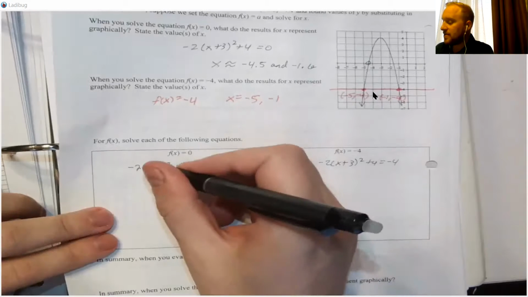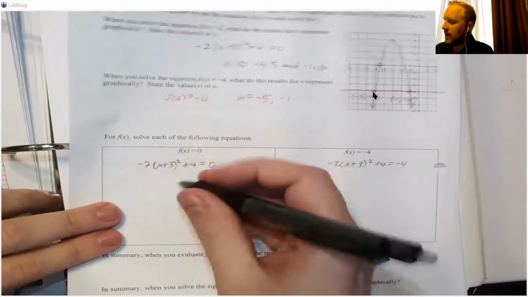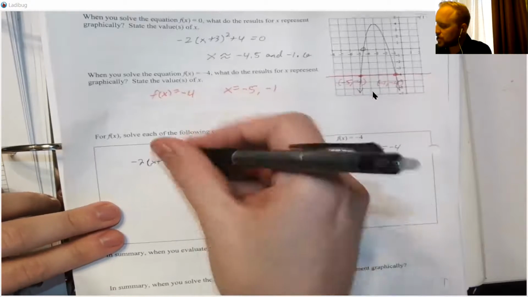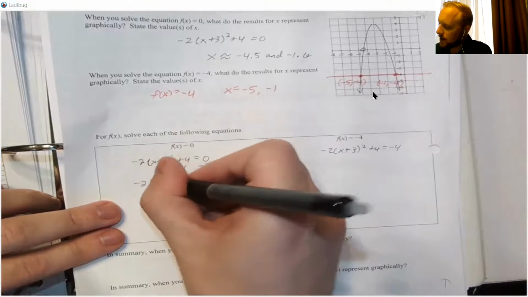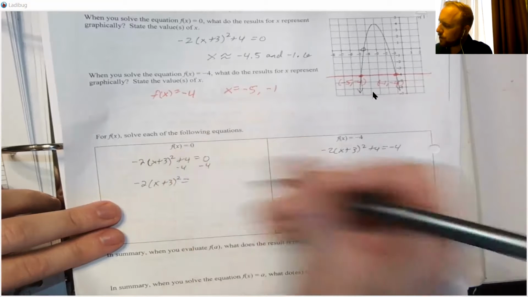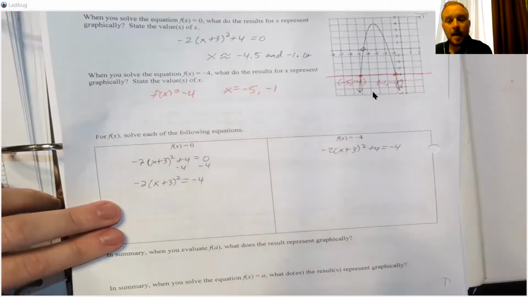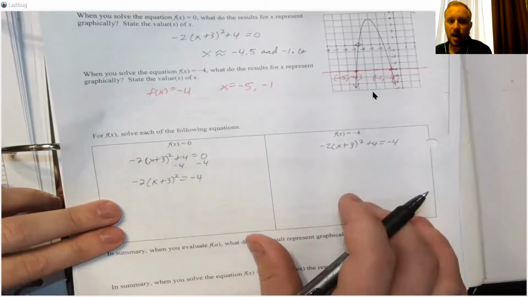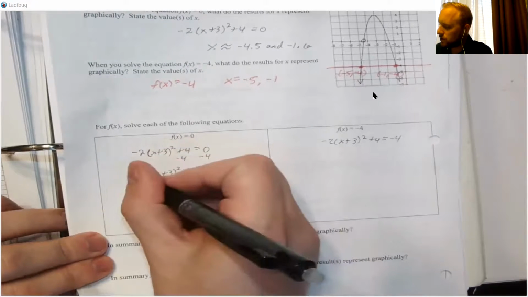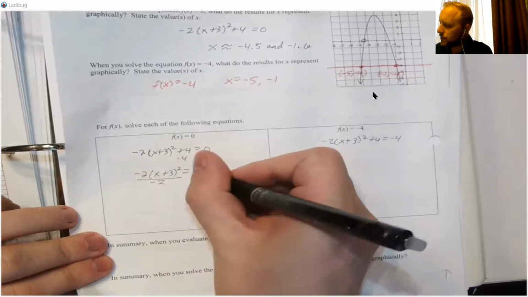Now we have to solve for x. We have to get x by itself. So in order for that to happen, we have to get rid of this +4 first by subtracting 4, and we're going to rewrite what's on the left side without the 4. Now the next step is we have to get rid of this -2 that's being multiplied, so we have to do the opposite of multiplying by -2. We're going to divide by -2.